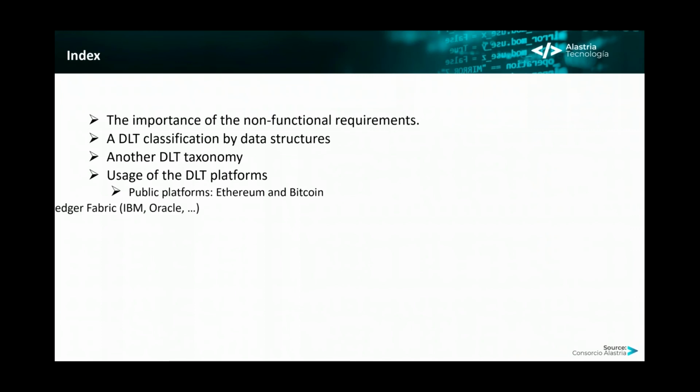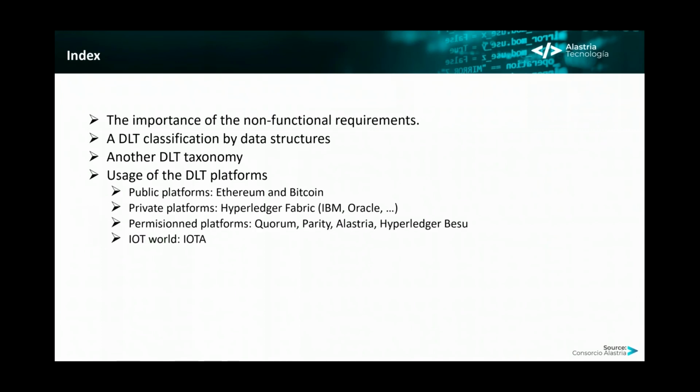And then we will start talking about the different DLT platforms that are commonly used in the current situation, including the Alastria platform, but a lot of other ones. And finally, I hope you have a clear view of what to do and which platform you are going to select.